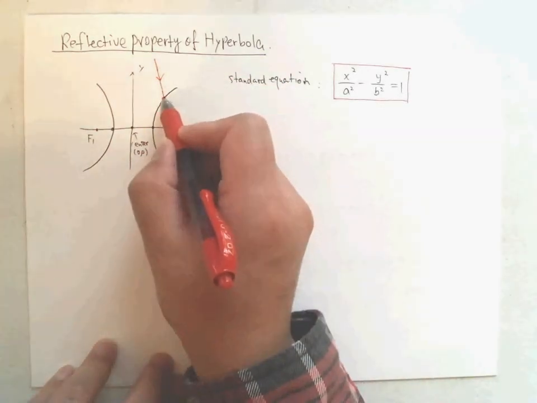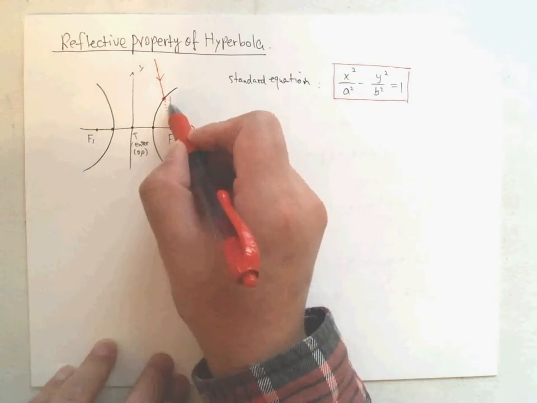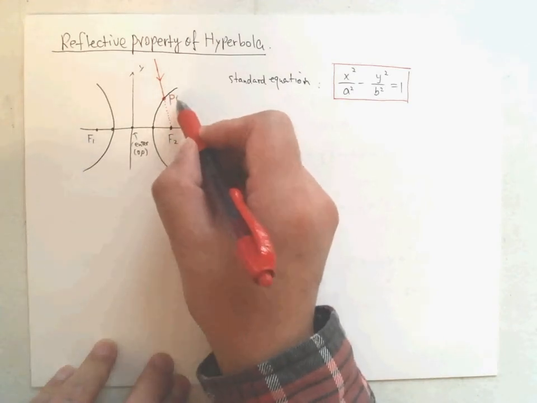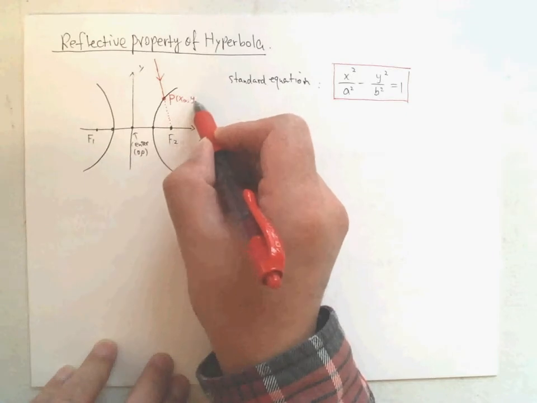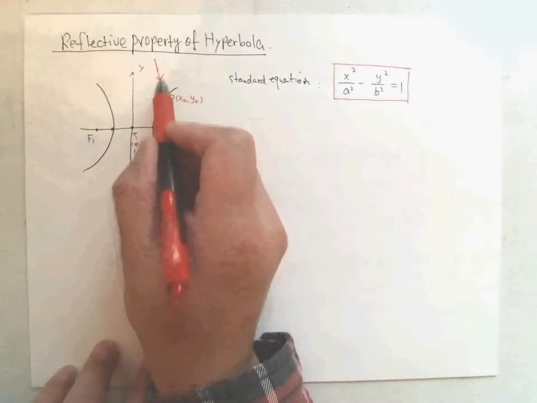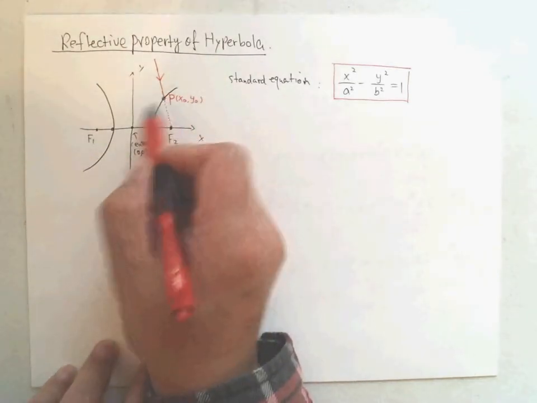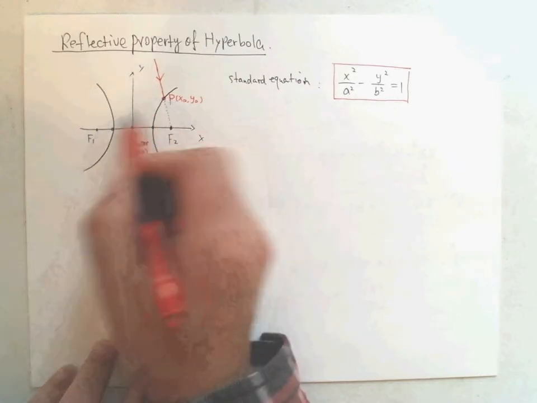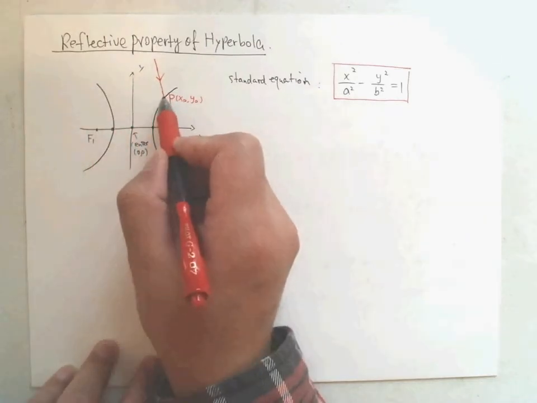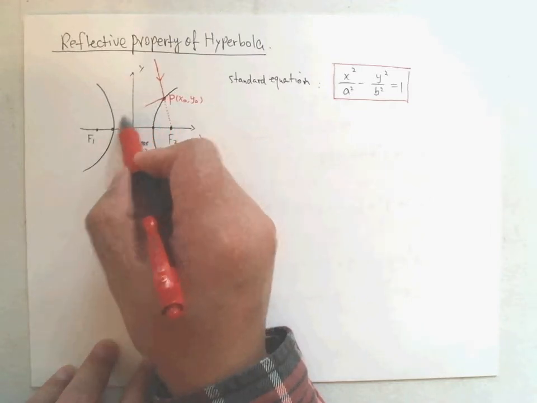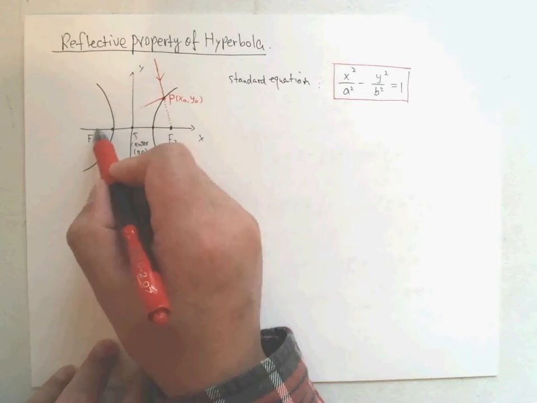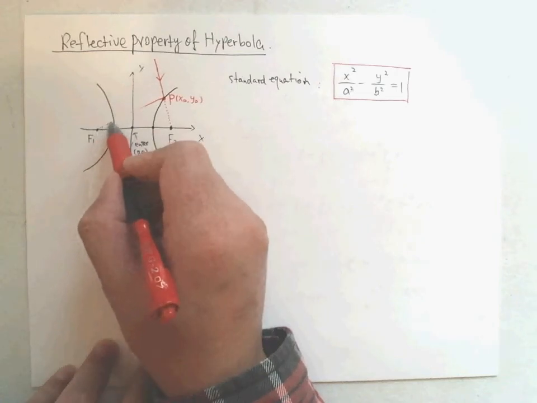I give this point the name P, with coordinates x0, y0. Then this light will reflect. Where will it go? The result tells us this light will definitely go in this direction, pointing to the other focus.